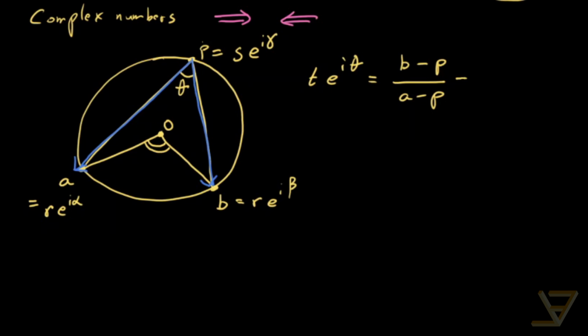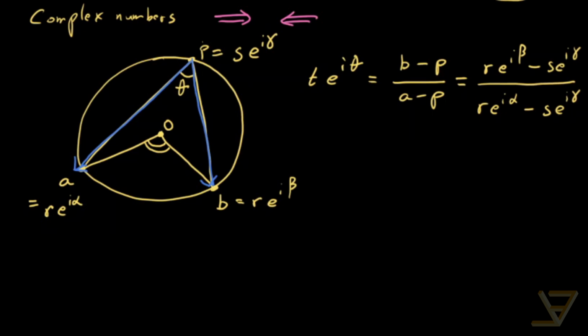And if we use substitutions, we get that this is equal to r e to the i beta minus s e to the i gamma divided by r e to the i alpha minus s e to the i gamma. Now the trick that we're going to be using is we're going to take the conjugate of this equation.